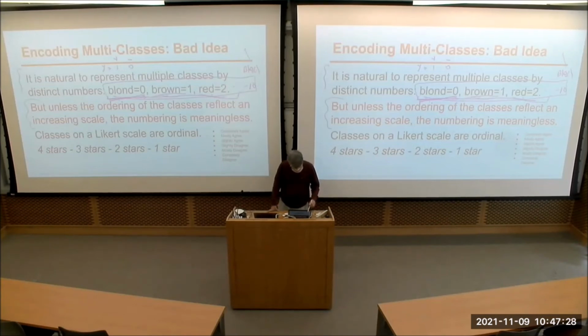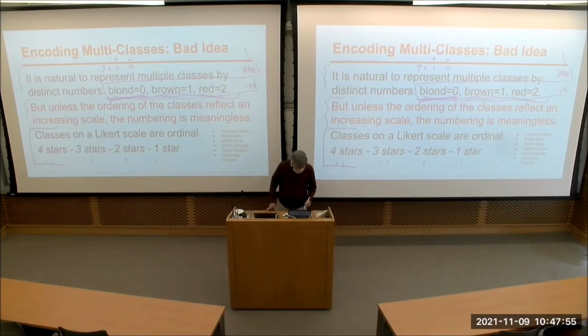Sometimes there are multi-class classification problems where things are linearly ordered. If you want to rate how good a movie is, there are movies that get 1 star, 2 stars, 3 stars, 4 stars. You can think of that as 4 discrete classes. But there is a linear order to those classes.